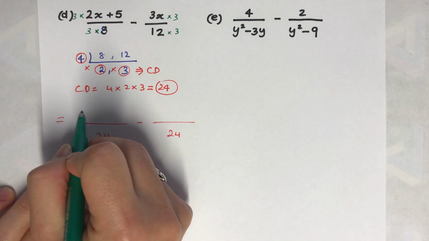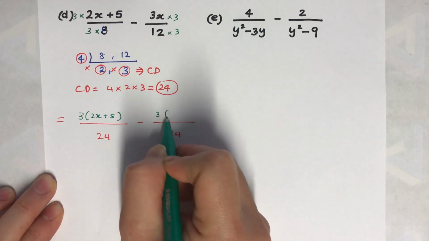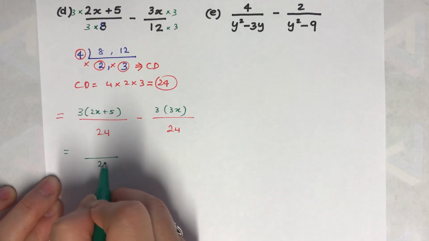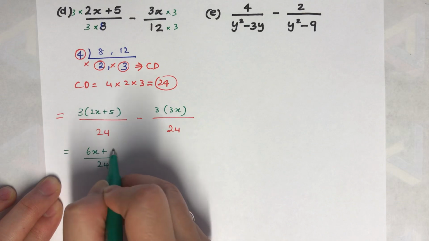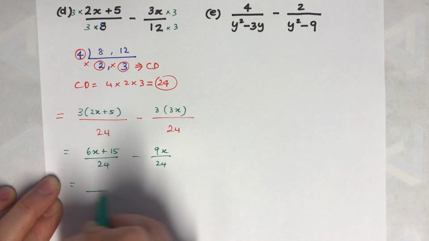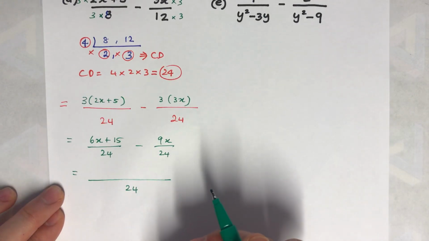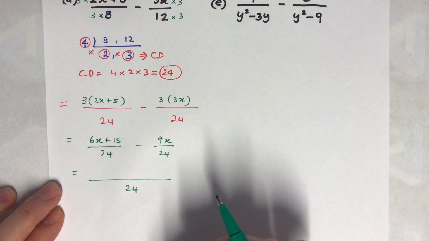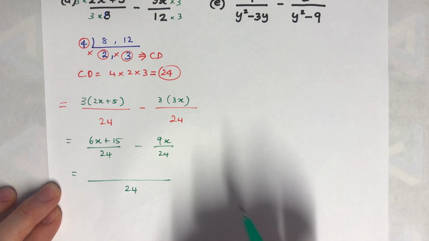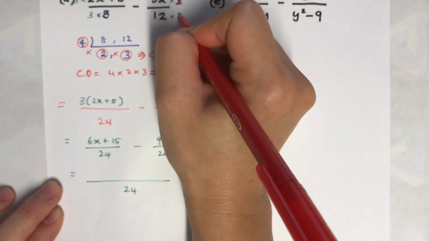Anyway, I'll get 24, 6x plus 15, 9x, 24. Oh, I did make a mistake. Sorry about that. It's 2, isn't it?